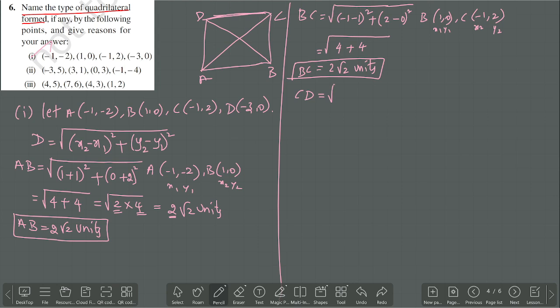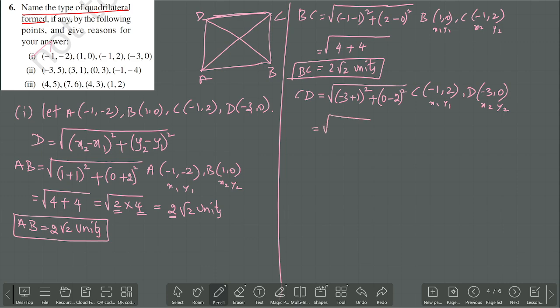CD is the square root of C point (-1, 2) and D point (-3, 0). Here x1, y1, x2 and y2: x2 value minus 3 minus x1 value minus 1, minus into minus gives plus 1, squared, plus y2 value 0 minus y1 value 2, squared.